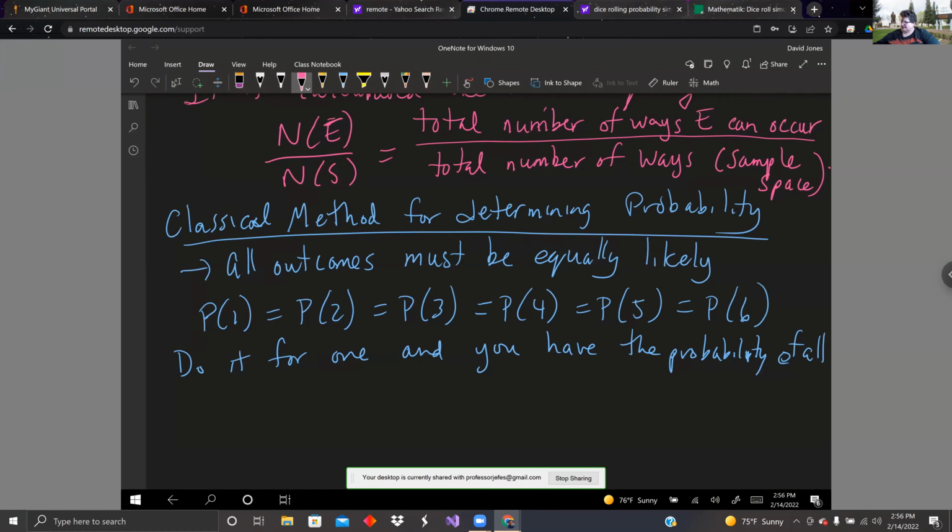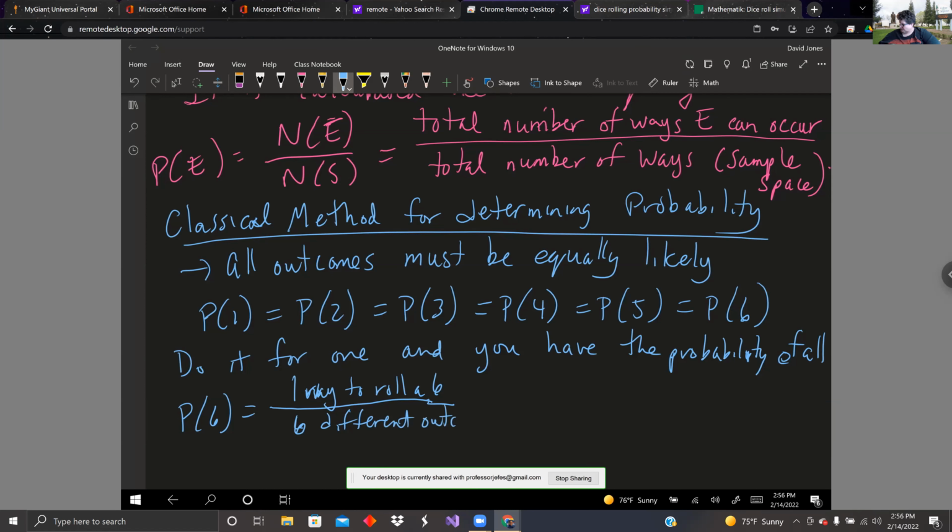So this N of E over the N of S, that is the probability of E. And we're going to apply that here. Let's just do the probability of getting a 6. The probability of getting a 6 on a 6-sided die, there is only one way to roll a 6, over 6 different possible outcomes. So getting rid of the words, we have 1 over 6.